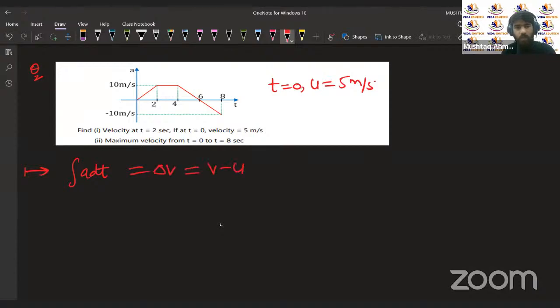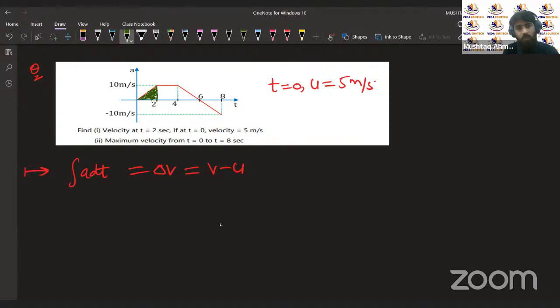Here, from t equal to 0 to t equal to 2 seconds, this is the area we have to calculate.